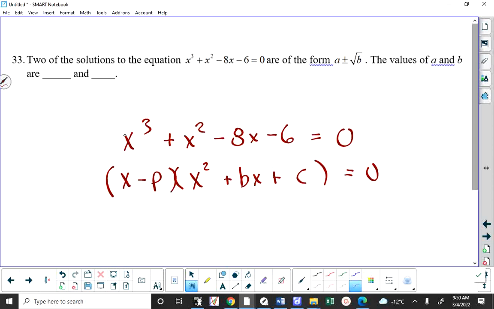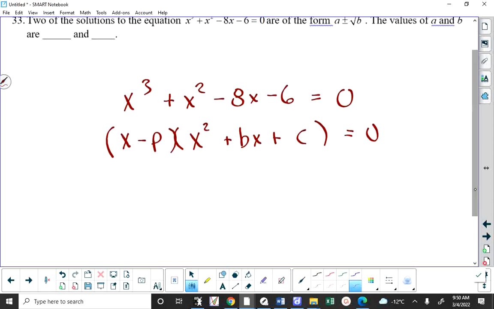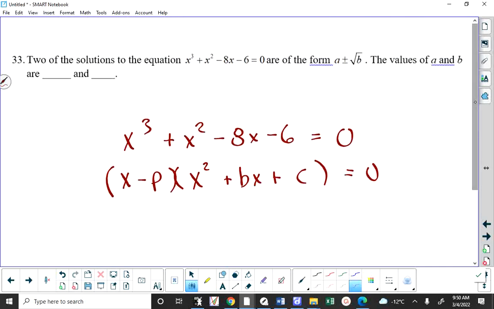So, let's find this first factor. We are going to have to use all of our wits to determine a 0 of this polynomial. So we're going to be putting in for x numbers like 1, -1, 2, -2, 3, -3, 6, -6.